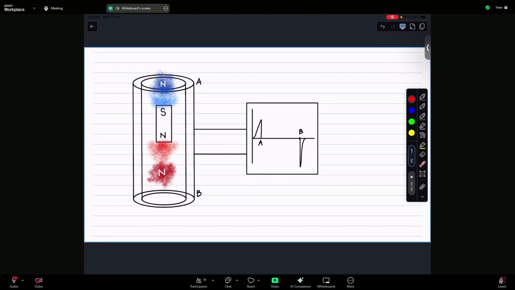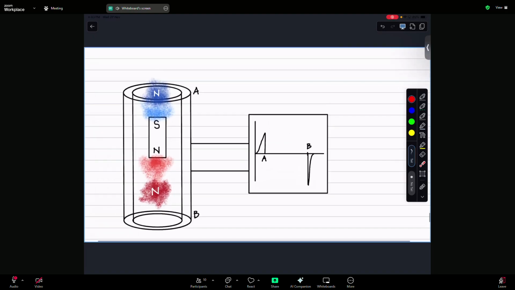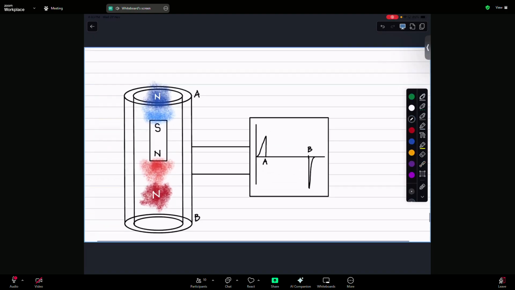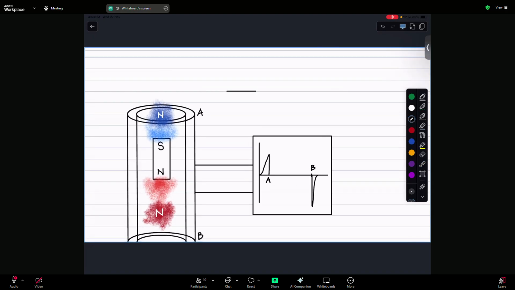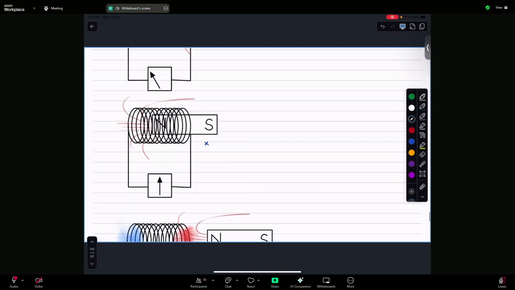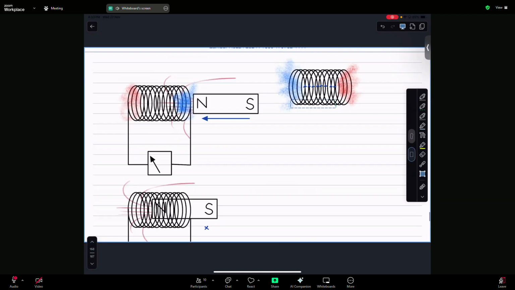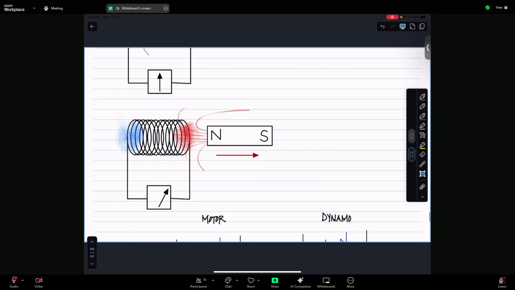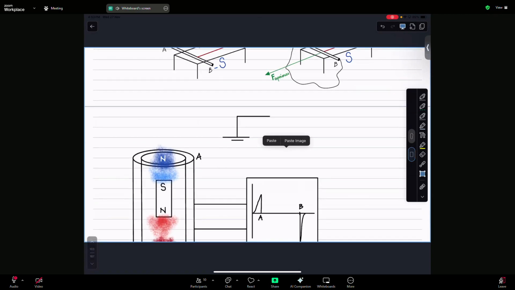The reason is that we have to look into the structure of a coil. Let's say there is a battery like this, and I have a coil here. Look at this, it is important, these are the A-level stuff.